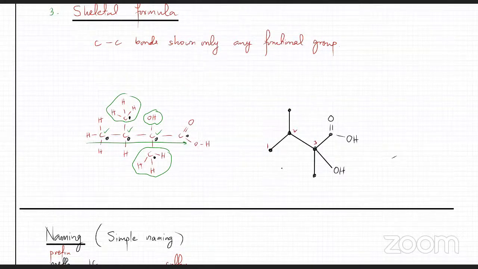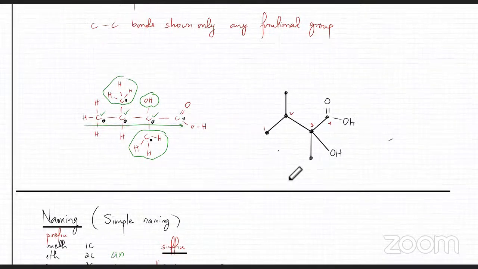And then you had a carbon atom on the second one, another carbon atom on the third one. You had an OH on the third one. So you drew the functional groups, but did not draw the carbon atoms. They were just represented by dots. So you need to know how skeletal formulas are formed.